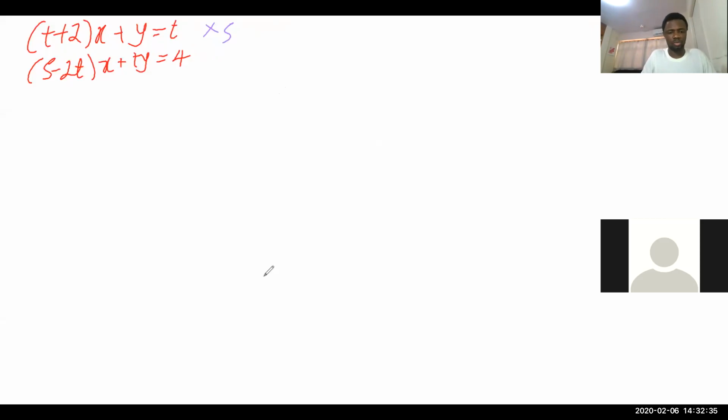When I write 2t up there, it feels like I'm trying to drag the screen, so it drags it. So we multiply the first equation by the bracket 5 minus 2t, and the second you multiply by t plus 2. The idea is to have the same coefficient. Does that make sense, guys?